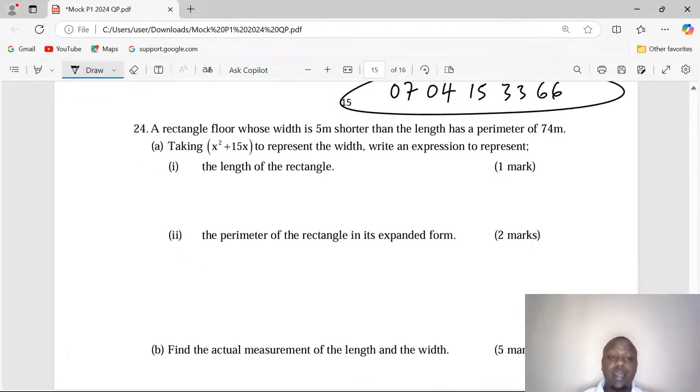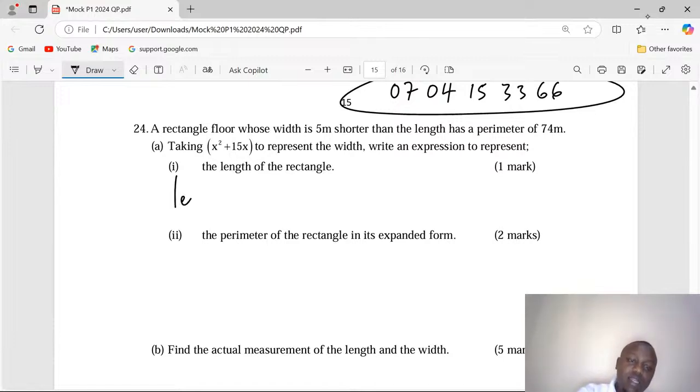A rectangular flower bed whose width is 5 meters shorter than the length has a perimeter of 74 meters. Taking x squared plus 15x to represent the width, write an expression to represent part 1, the length.